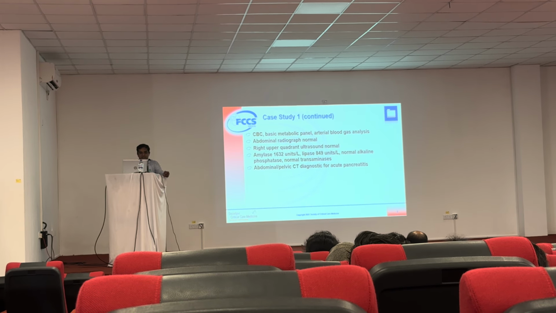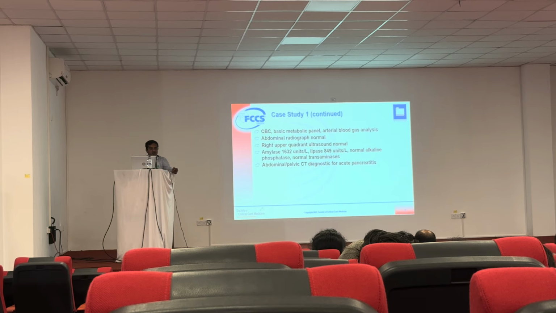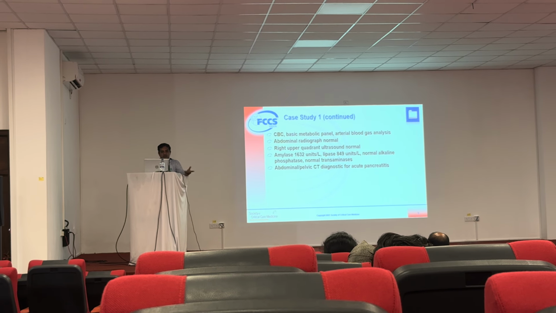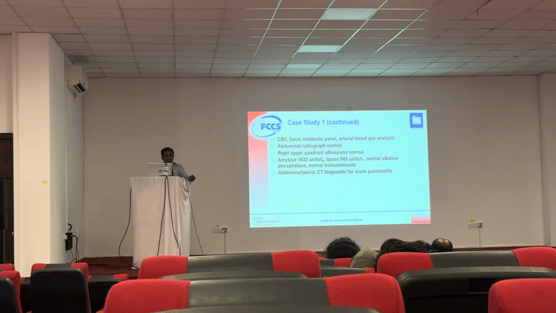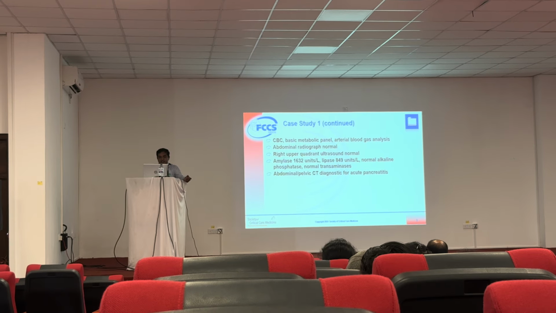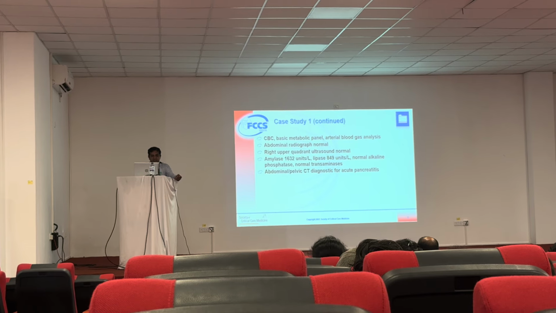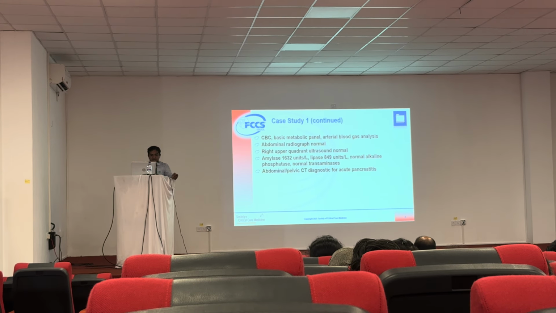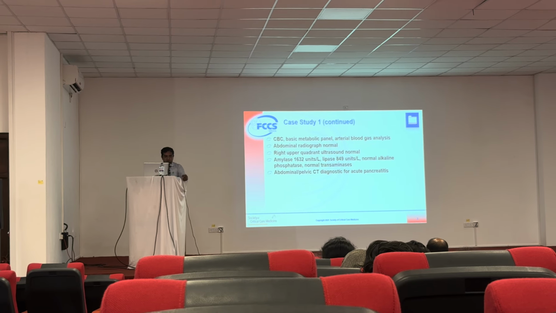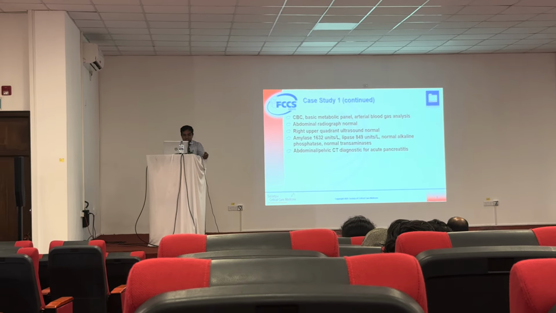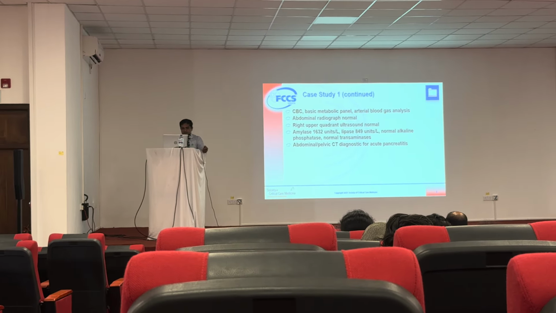So you can see in the slides: complete blood count, basic metabolic panel, arterial blood gas analysis. That's an important critical test. Abdominal radiograph, sometimes you will do, that will be normal. Scan is very important. The previous speaker also mentioned this, very important for diagnosing some critical conditions.